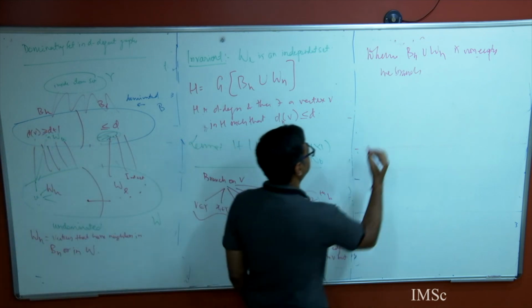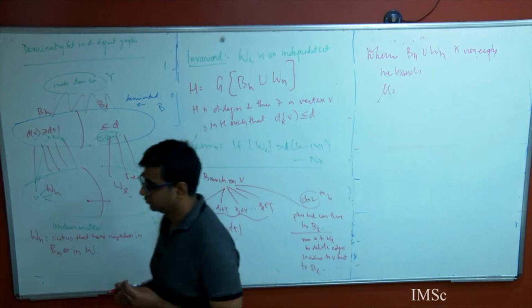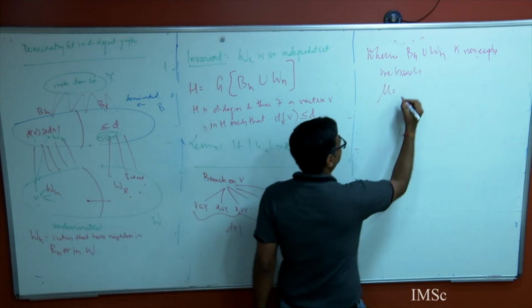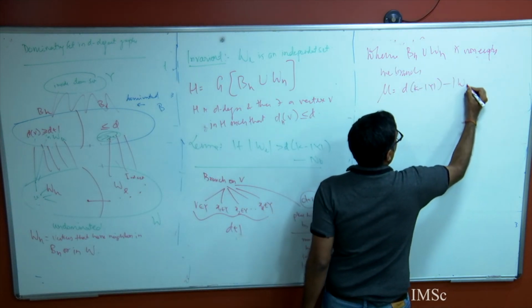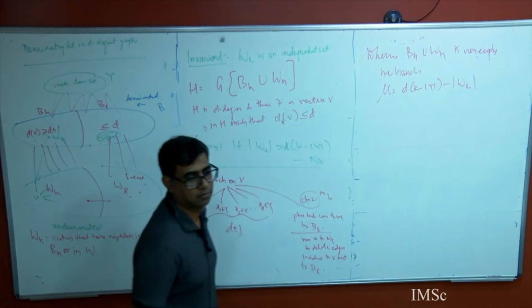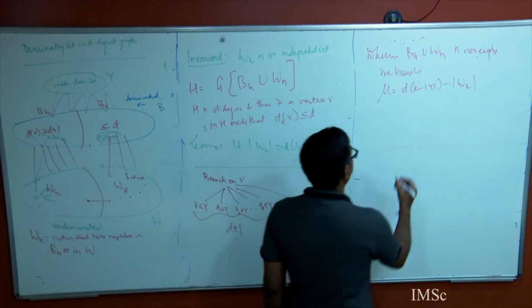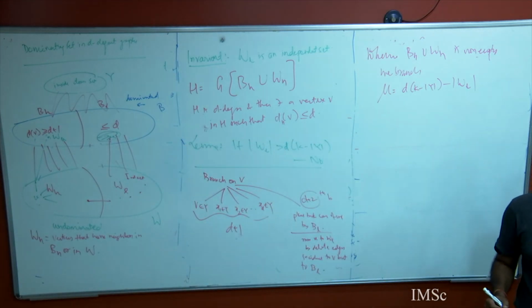But what is my measure? You tell me, what is my measure? What should be my measure? It's very simple, no? That's it. So on one side, in all the D plus 1 branches, what happens?